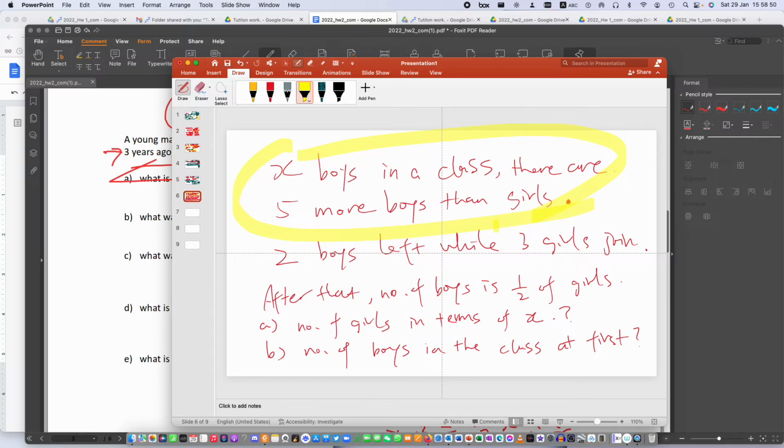So which one is 10, which one is 5? Boys has 5 more.